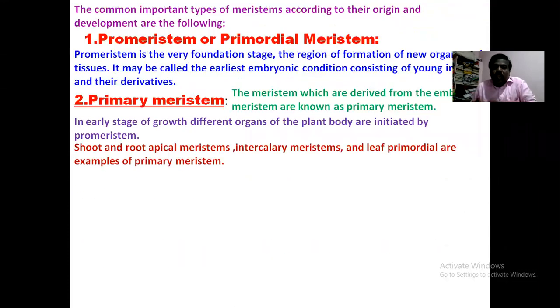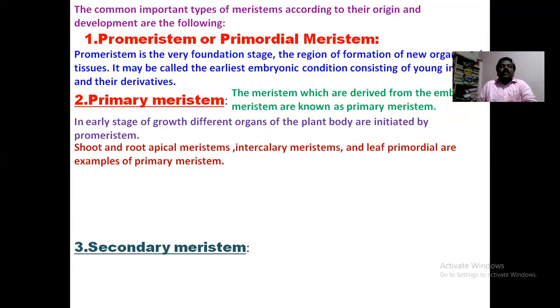Shoot and root apical meristems, intercalary meristems, and leaf primordia are examples of primary meristems.